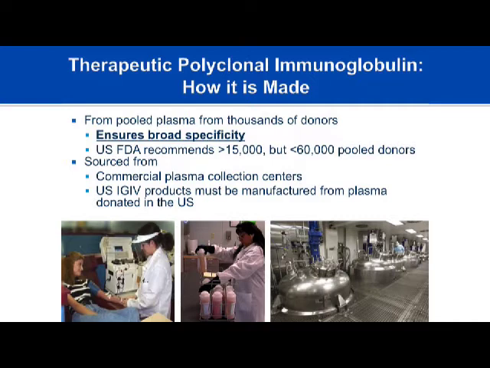And in the images at the bottom of this slide, you can see an individual at a plasma collection center donating plasma. And in the next image over, you can see an individual who's collecting the different plasma donations. And then finally, on the far side of the slide, you can see the collection vessels in which the plasma is combined to generate these large pools of plasma from which polyclonal immunoglobulin can be generated.